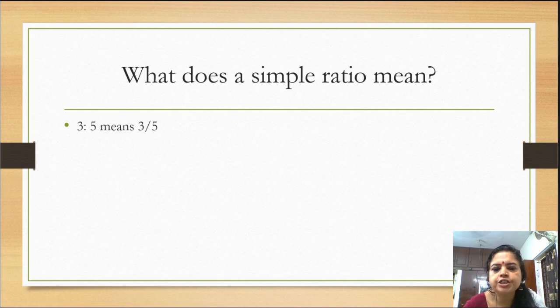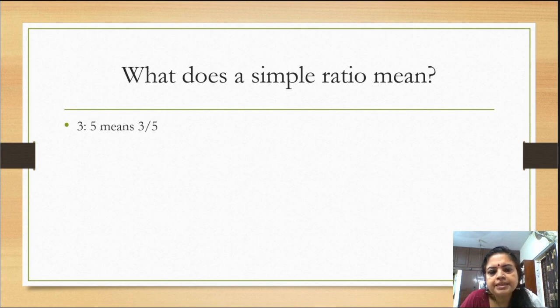So what does a simple ratio mean? A ratio is expressed as 3:5, where the colon is used as notation, 3 is to 5. That is called a ratio. And when we write a ratio in the form 3:5, it means that we can represent it as 3 parts in 5 parts, or 3 parts per 5 parts, or in mathematical form it can be represented as 3/5.